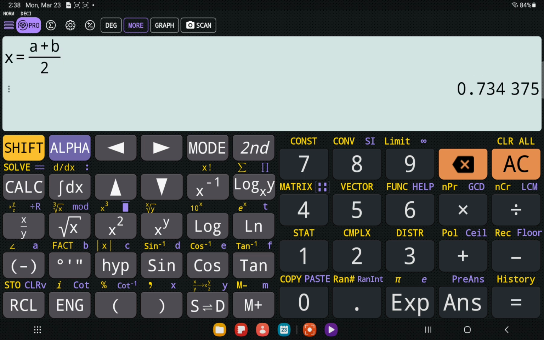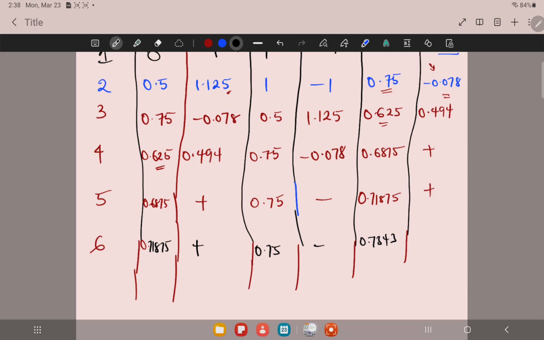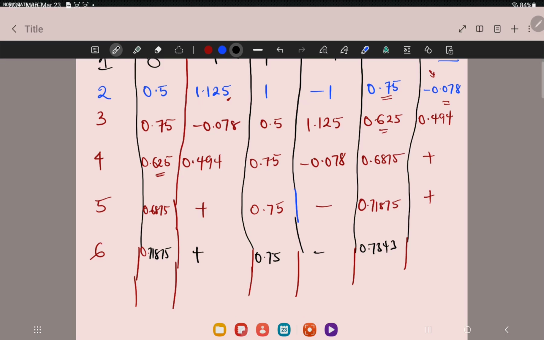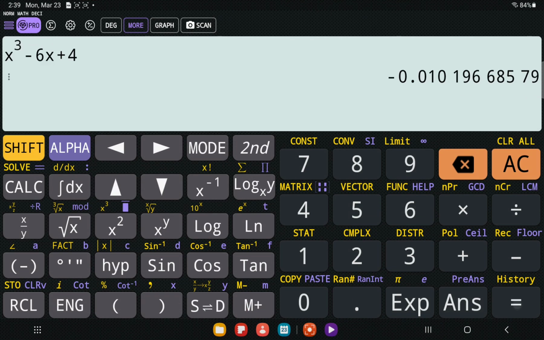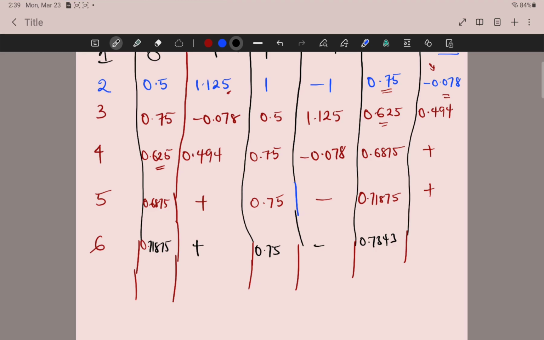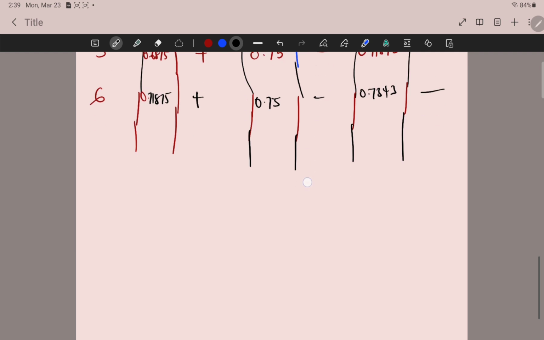The middle ground is 0.7343. Is that not? Let's check that. And the F of the middle ground is what? A negative figure. Bam. Just be checking the signs of all the F's.